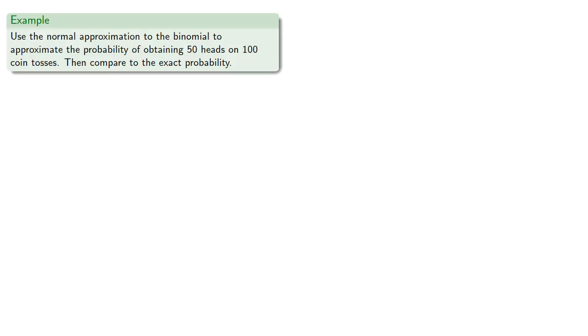Now let's simultaneously check to see if our approximation is any good. So let's use the normal distribution to the binomial to approximate the probability of obtaining exactly 50 heads on 100 coin tosses, and we'll compare that to the exact probability. So we can approximate the binomial using a normal distribution with mean and standard deviation.